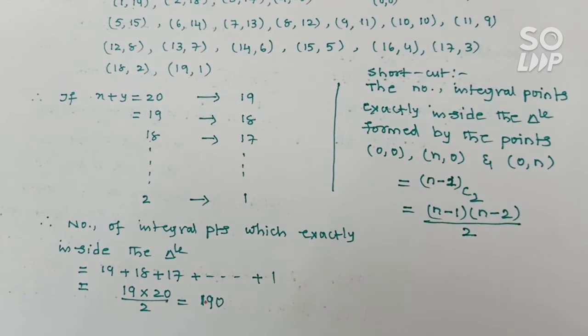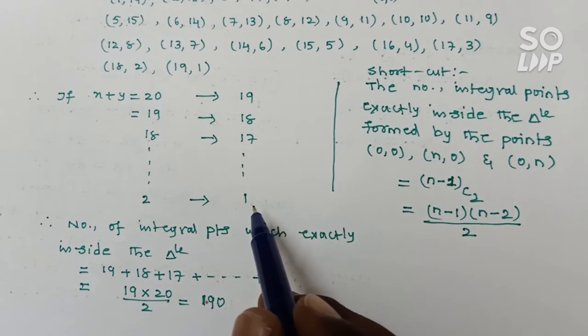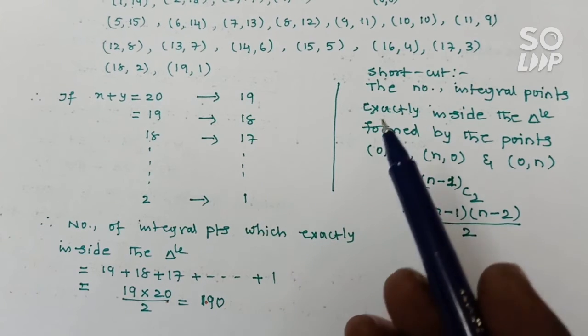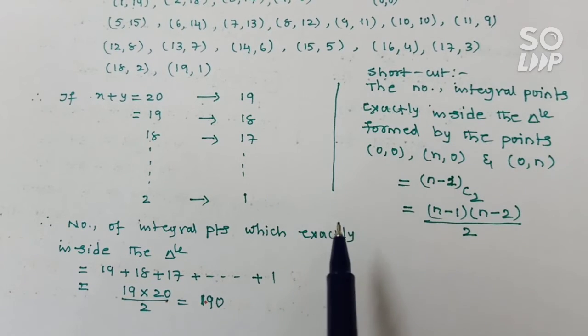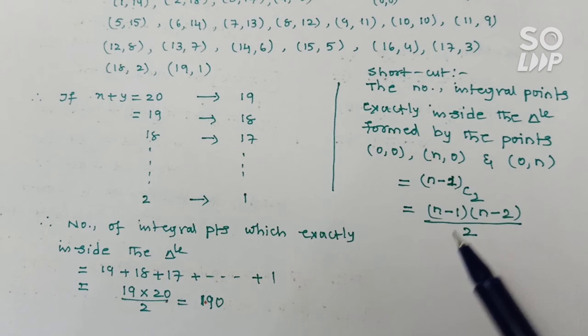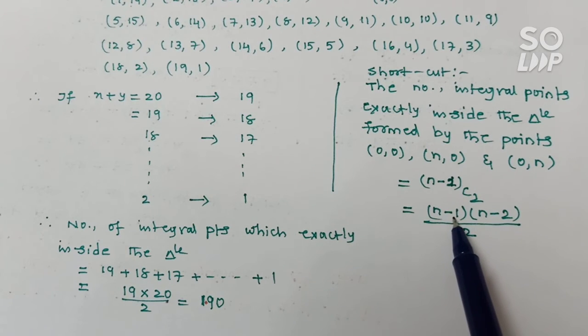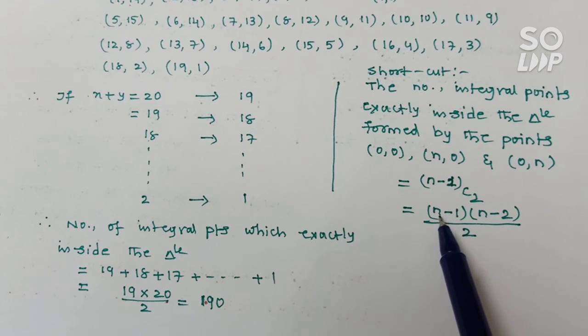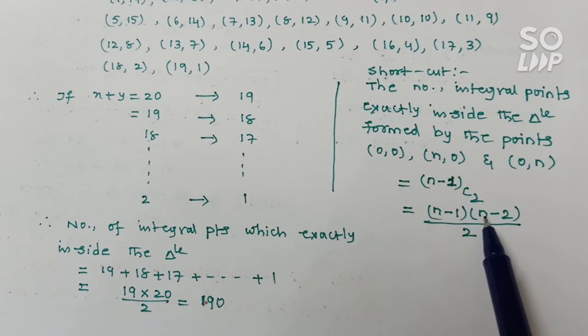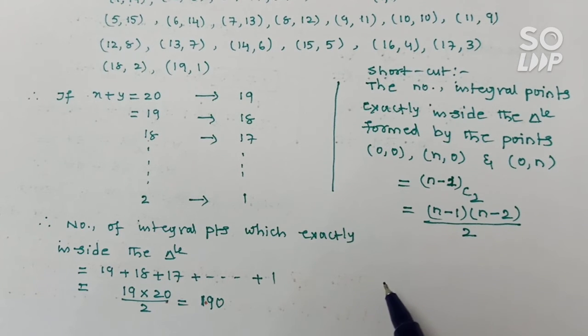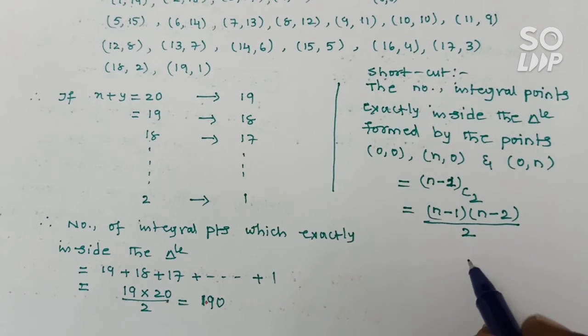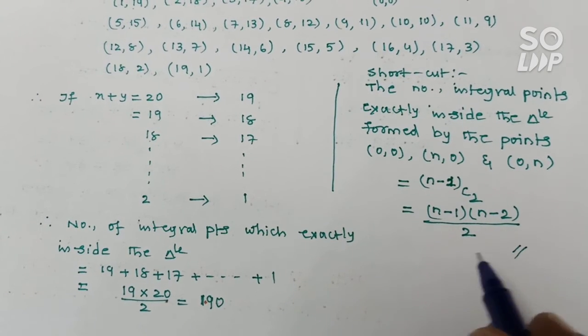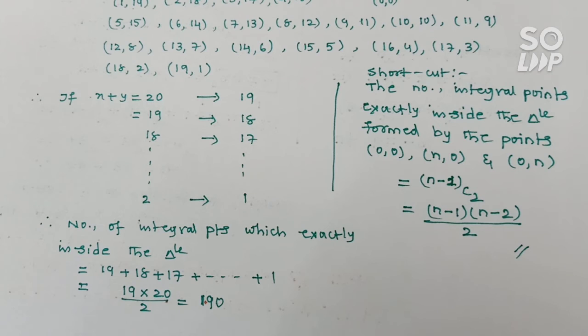Now in this previous example, what is the n value? The n value is 21. So 21 minus 1 is 20, into 19 by 2, that is 190. So you can use this formula to find the number of integral points exactly inside the triangle.